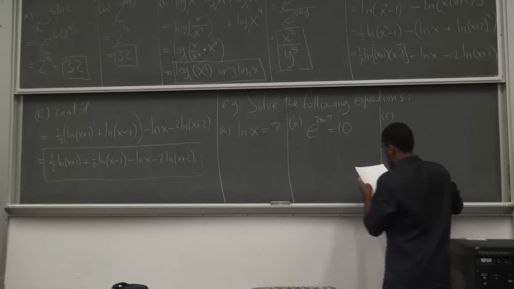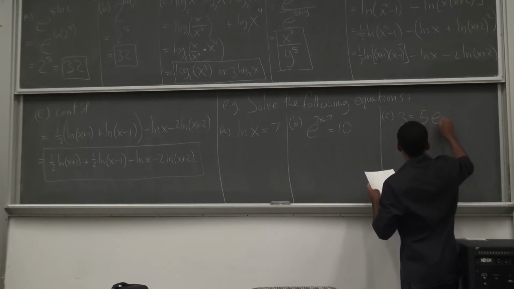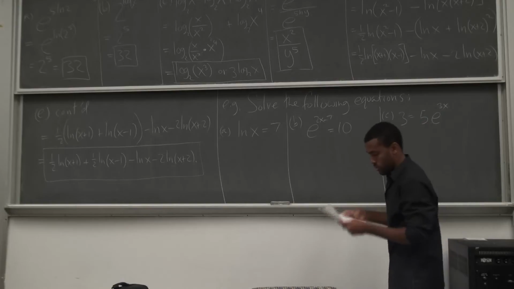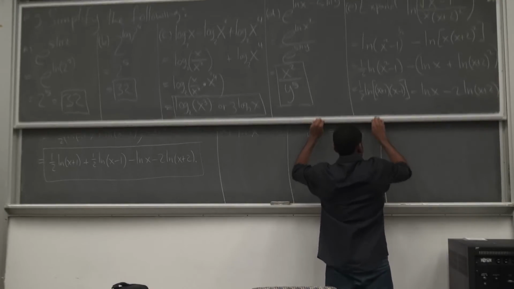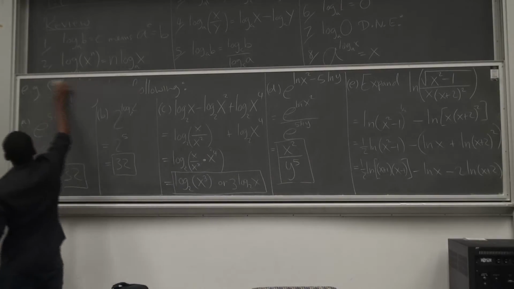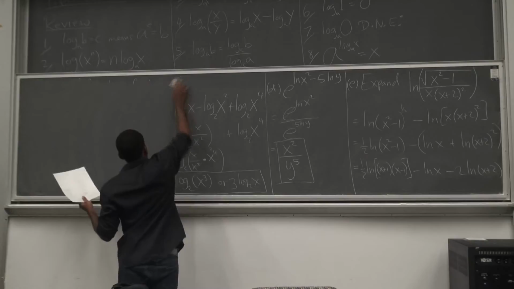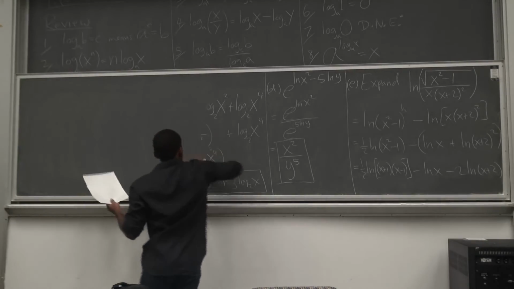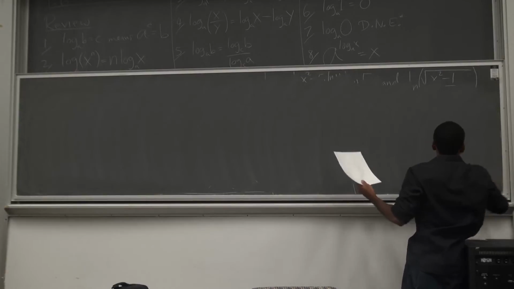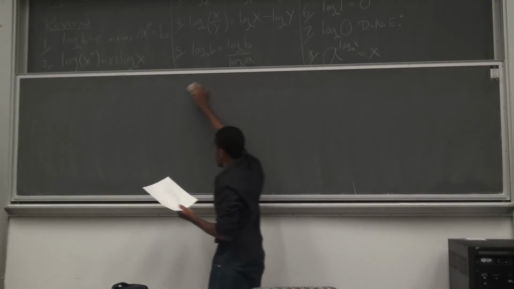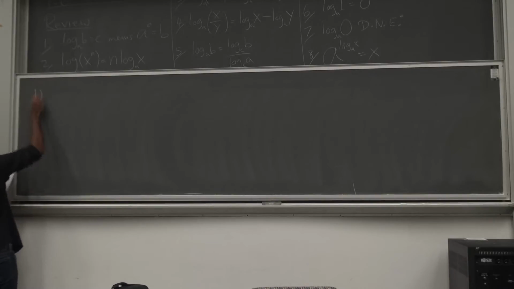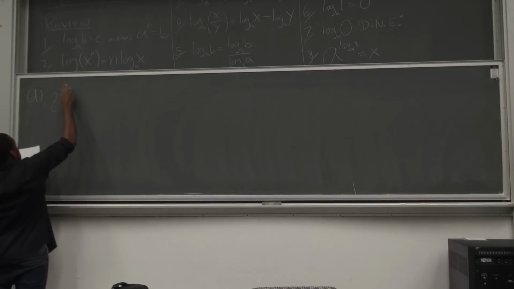C. 3 equals 5 e to the 3x. D. 2 to the x squared plus 1 equals 5.